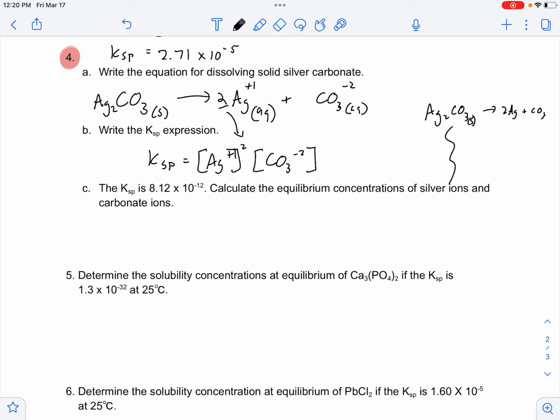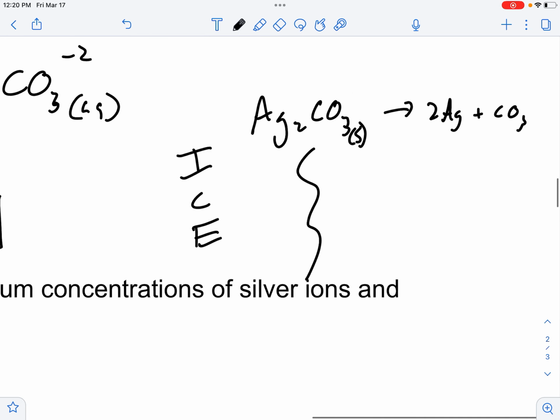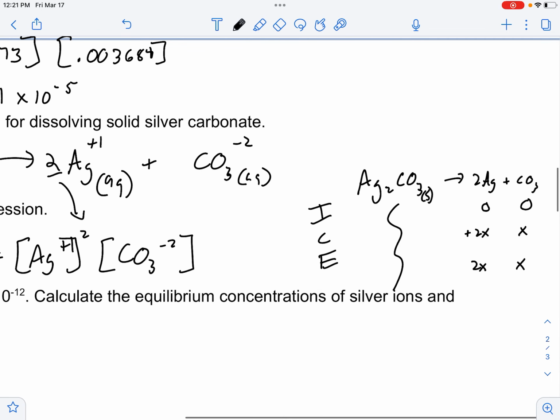All right, so the solid is essentially not counted since it doesn't factor into your equilibrium constants. And we start initially with no product. Okay, so our change is going to be 2x positive, and then this is just x. So our equilibrium values are 2x and x. You could probably figure that out by now just by looking at it, but I'm just showing you the full process.